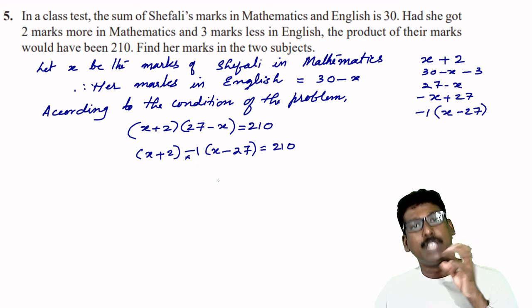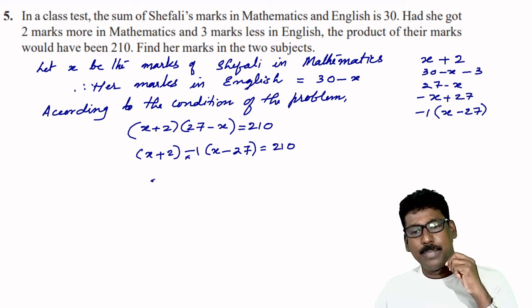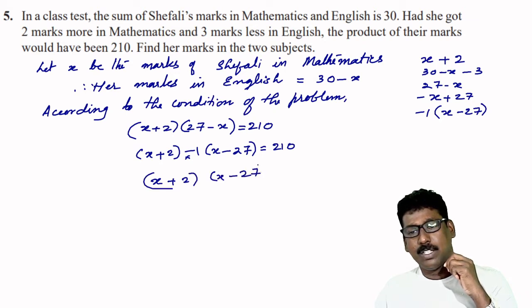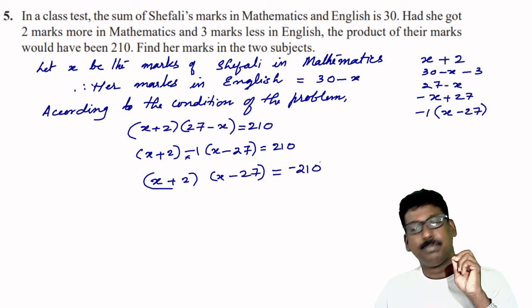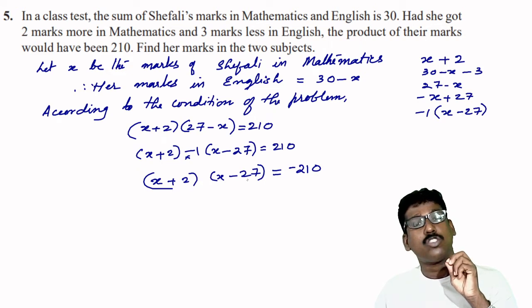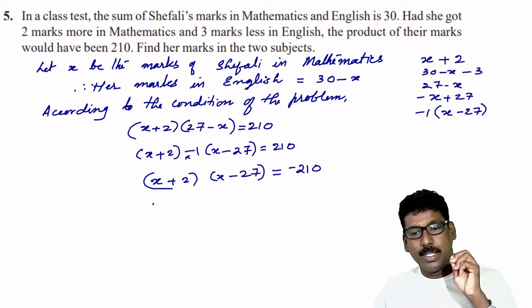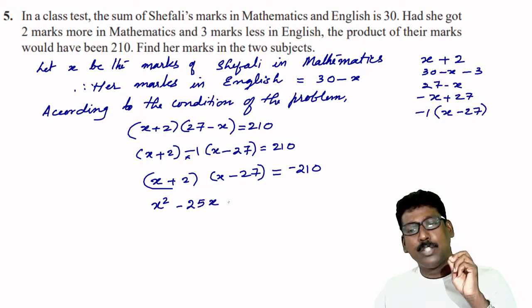Now transpose negative 1 to the other side. So it will be x plus 2 into x minus 27 equals 210 divided by negative 1, which is negative 210. Now x plus 2 into x minus 27 is in the form of x plus a into x plus b. So you can write x square plus 2 plus negative 27, it is negative 25, then add x, then 2 into negative 27, it is negative 54, is equal to negative 210.